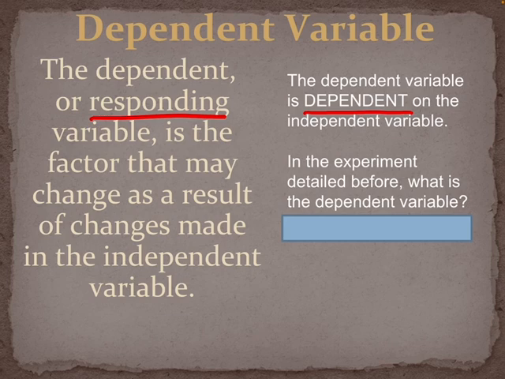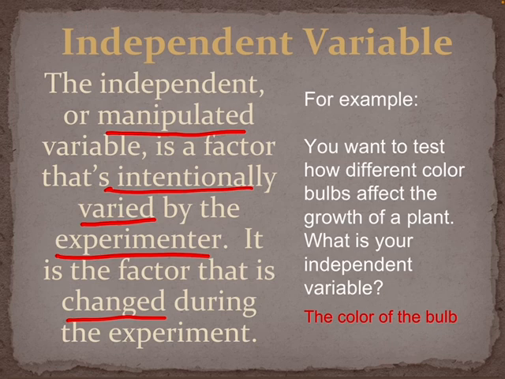So in the experiment detailed before, what's the dependent variable? Remember, our question here was you want to test how different color bulbs affect the growth of a plant. And we've determined that the independent is the color of the bulb. Well, what is the color of the bulb going to do? What's dependent on the color of the bulb?